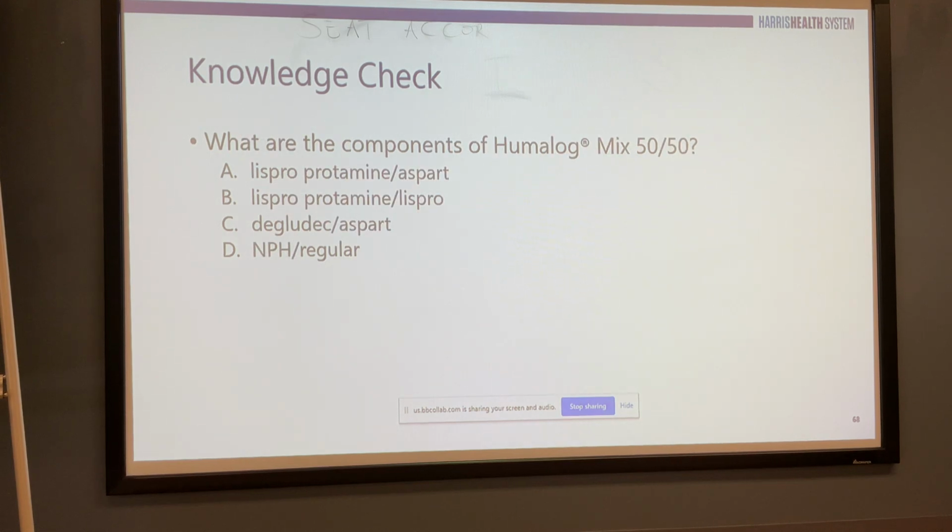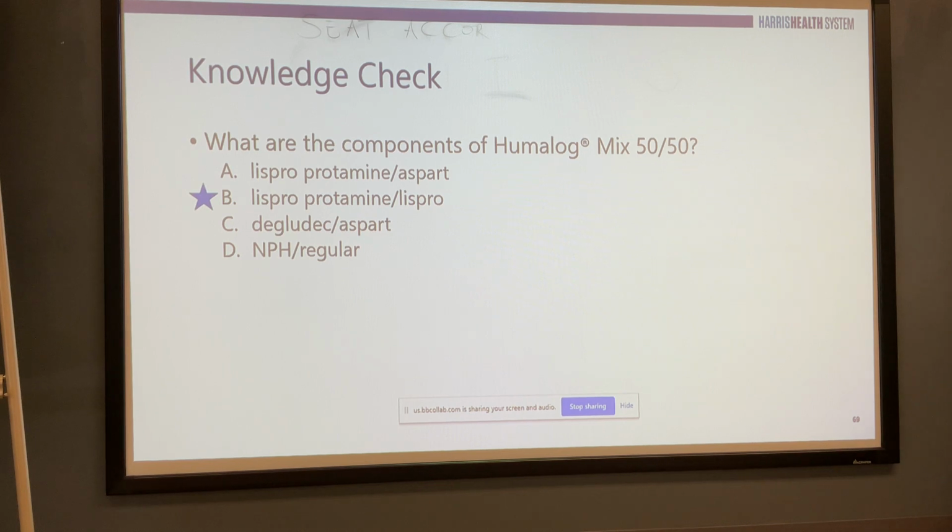Alright, what are the components of Humalog mix 50/50? So it's lispro-protamine and lispro. So when you're reviewing, go back and make sure you know what those other ones are.